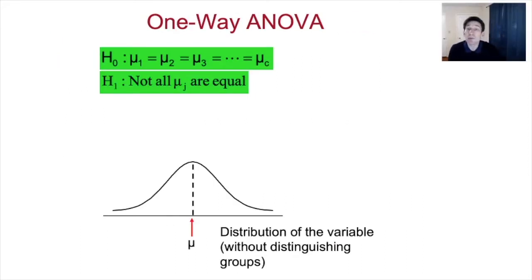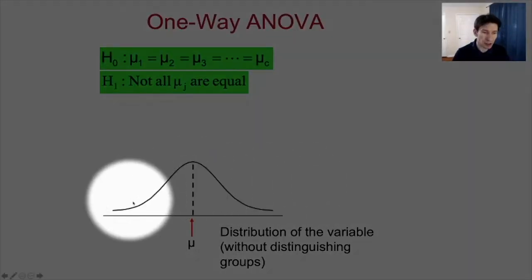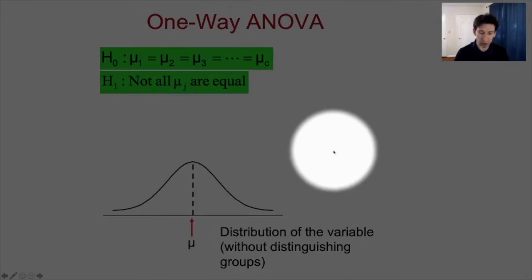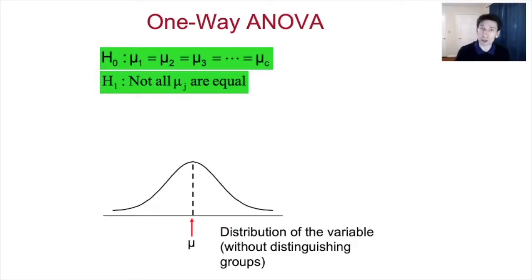So graphically, what does this look like? Well, think about it this way. Before you distinguish any of the groups, imagine you have the distribution of your variable like this. This is the distribution of your variable of interest. This is the mu. Now, if H0 is true, what does that mean? That means that once you divide into groups, you still keep the same mu for each of the groups.